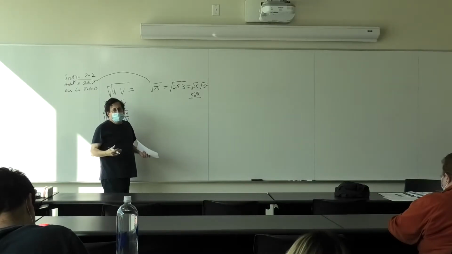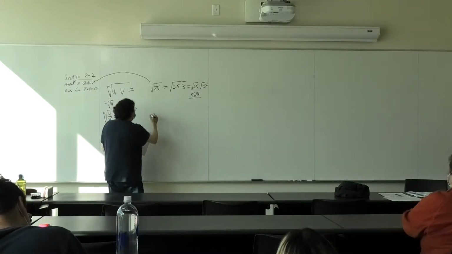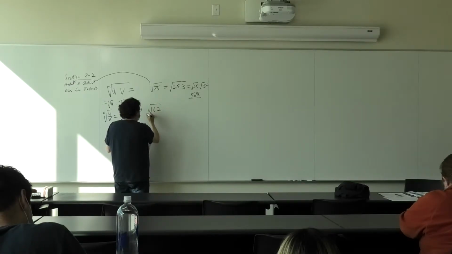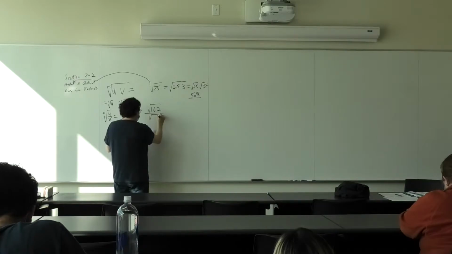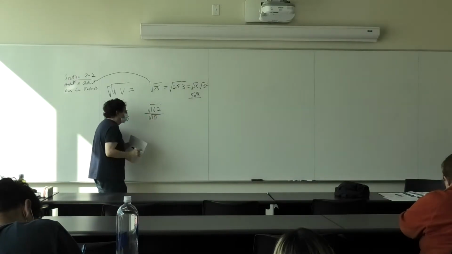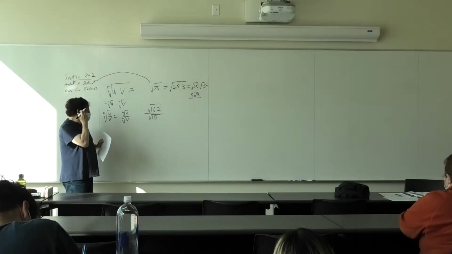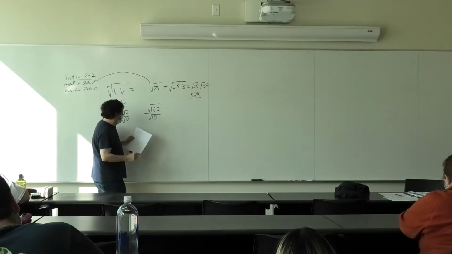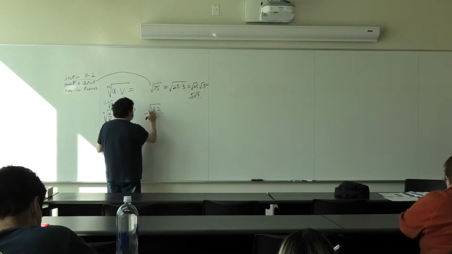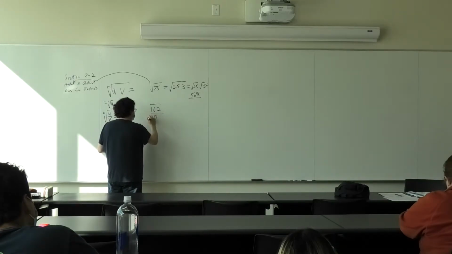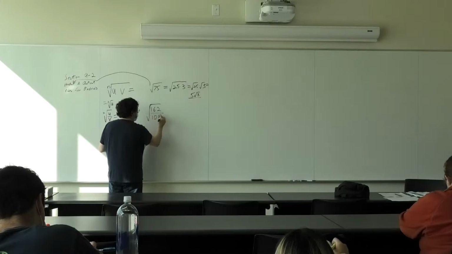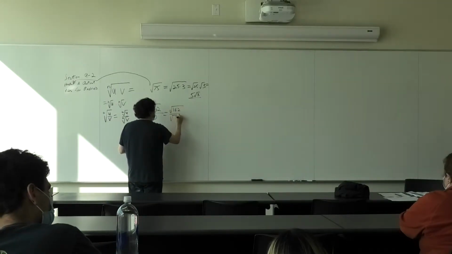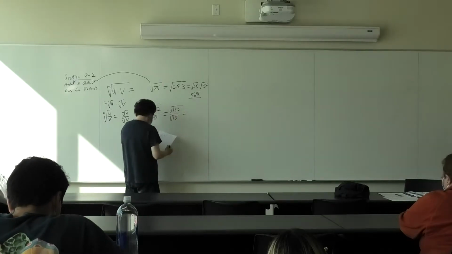Here's an example using the quotient rule. I have the square root of 162 over the square root of 10.